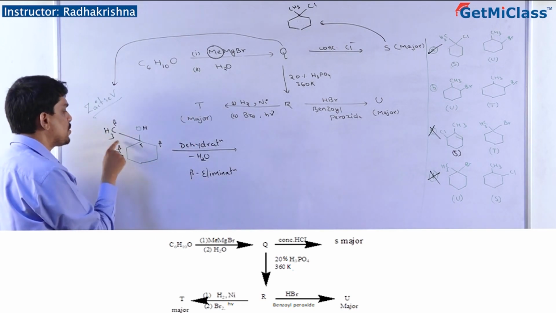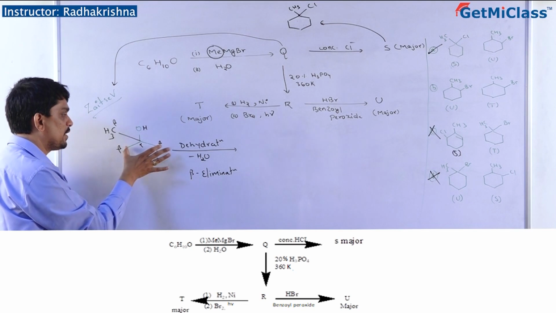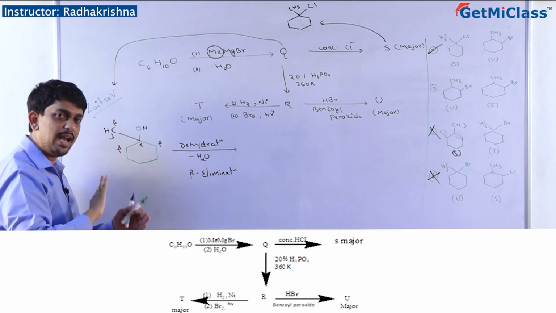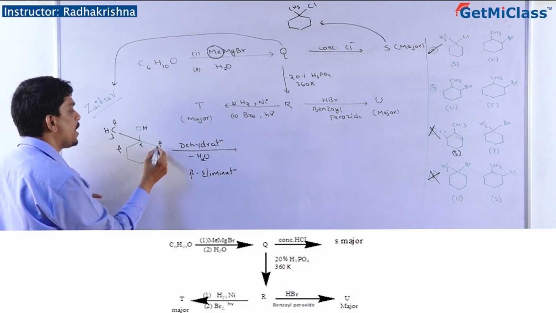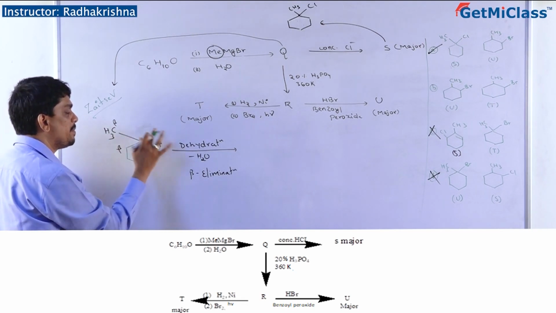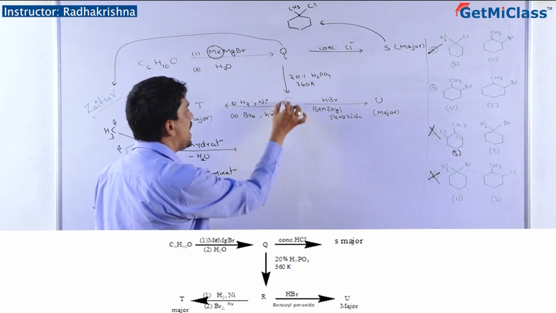It has 3 hydrogen, 2 hydrogen, 2 hydrogen. These two are identical. I am removing hydrogen either from here or here. It's one and the same. It will not make any difference. So I am removing H from here and OH from here. So between this alpha and beta, single becomes double. So this is nothing but R.